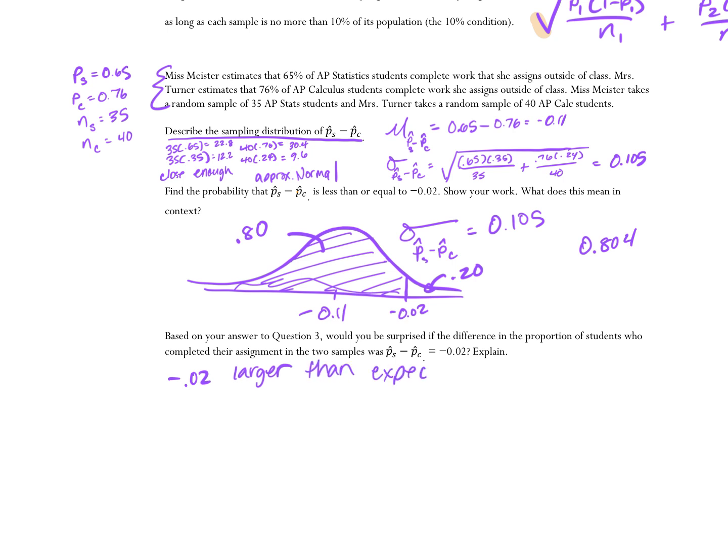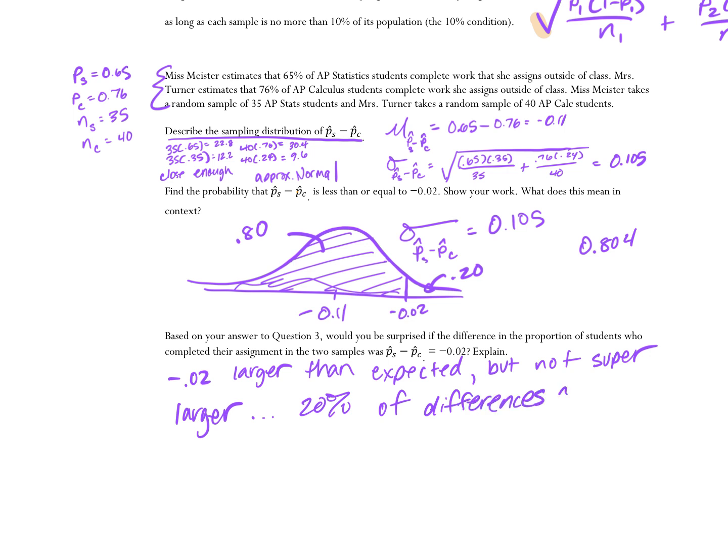Are we all comfortable with that? The expected difference is negative 0.11. But not super larger, because 20% of the possible differences are larger than that 0.02. It's not a super rarity. Okay?